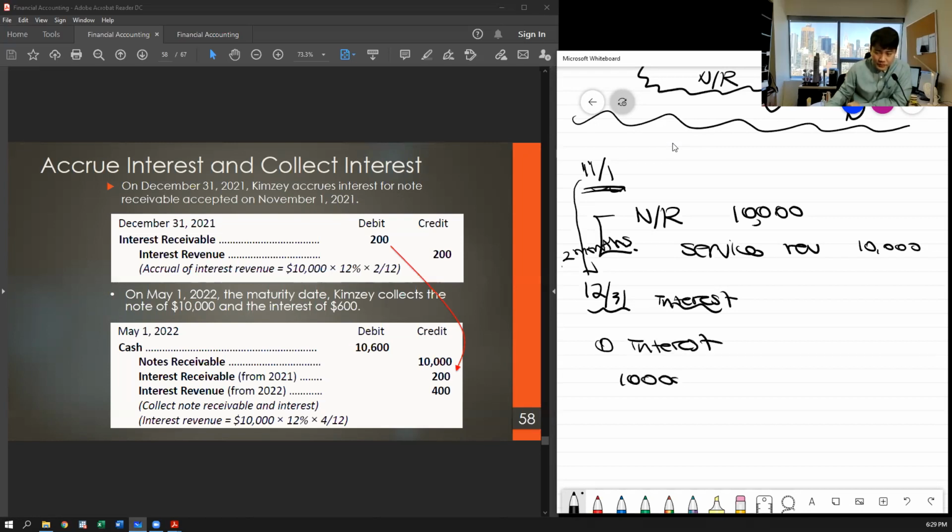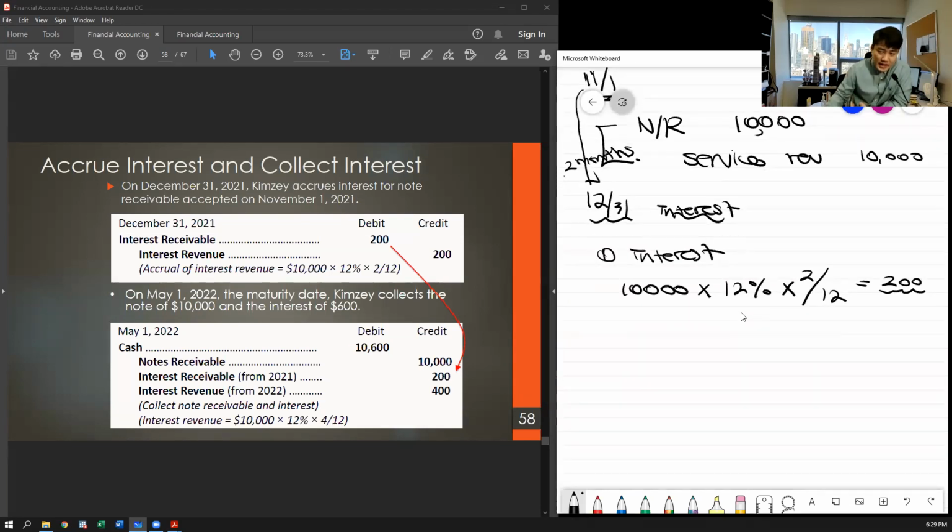And let's just compute the amount first. The original principal is $10,000. The rate was 12% times, instead of putting 6 here, you're going to put 2 over 12, because that's for only 2 months right here. So what that means, the interest revenue or interest receivable is for the amount of $200.